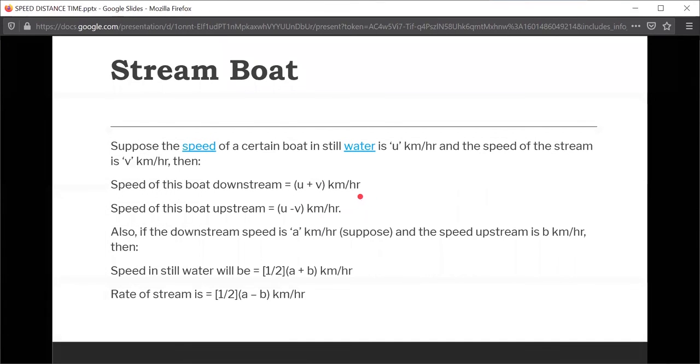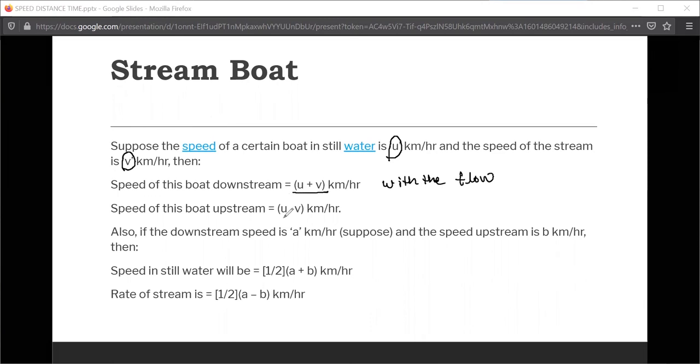Well, streamboat question. In this case, what will be given is the speed of the boat in still water, and the speed of the stream in a particular direction. So speed of the boat downstream, when you are going with the flow, your speed gets added. When you are going against the flow, your speed gets subtracted.